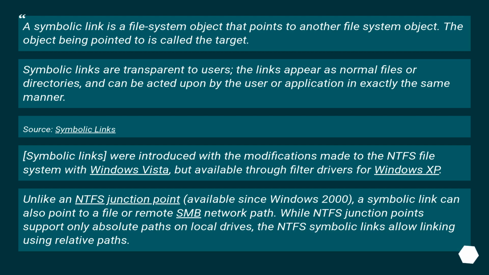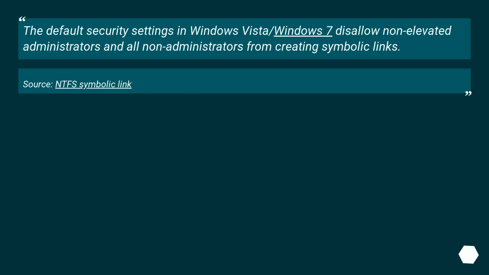While NTFS junction points support only absolute paths on local drives, the NTFS symbolic links allow linking using relative paths. The default security settings in Windows Vista/Windows 7 disallow non-elevated administrators and all non-administrators from creating symbolic links. Source: NTFS symbolic link.